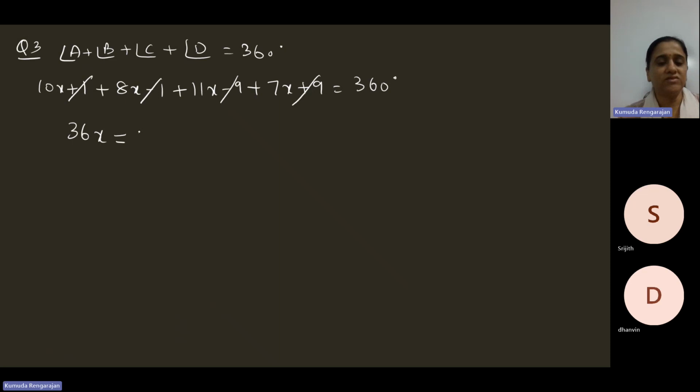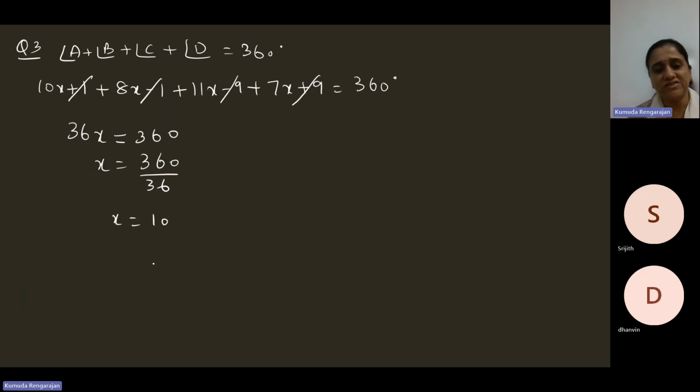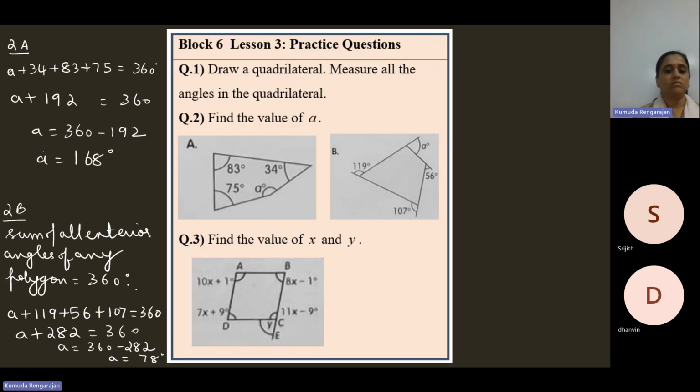So 36x is equal to 360. X is equal to 360 by 36. X is equal to 10. The question is to find the value of x and y. X we found 10. Now, how do you find y?